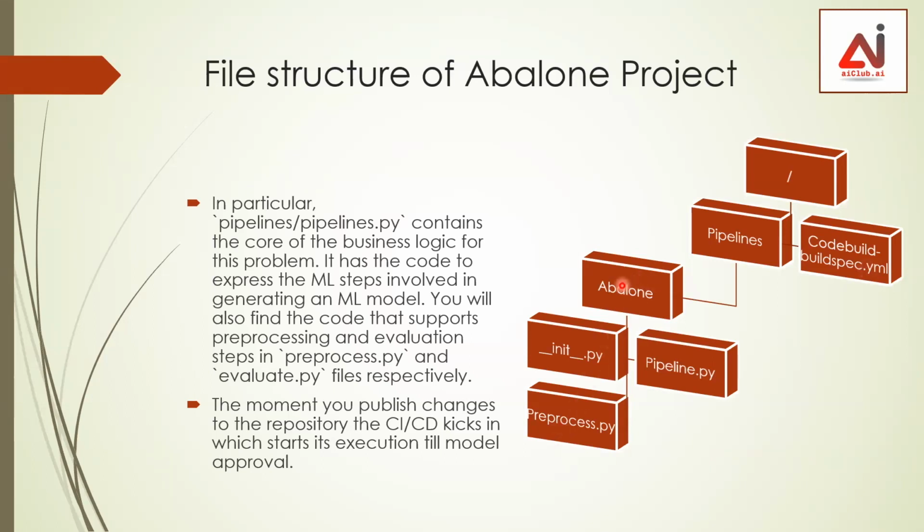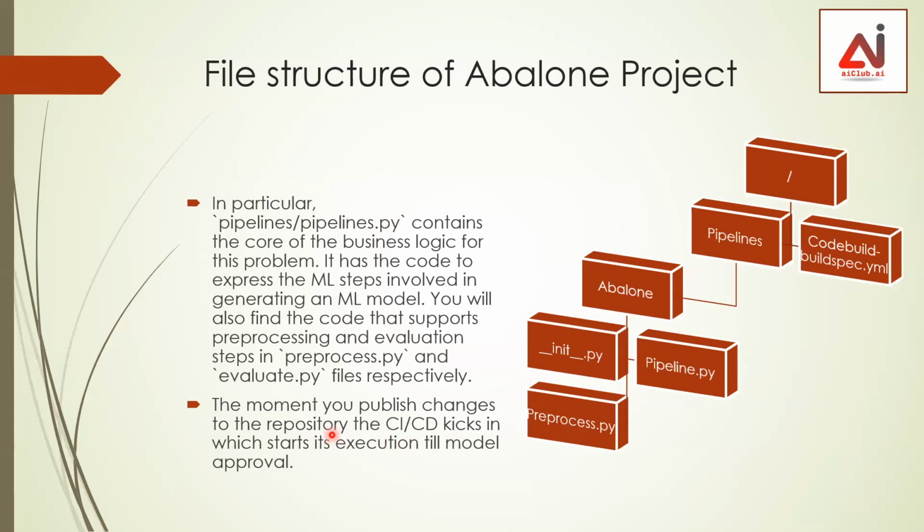Only the things that fall under the Abalone directory are what we might alter with changing business needs. Preprocessing.py carries the code for how the dataset is going to be pre-processed, either applying label encoding, one-hot encoding, or scaling methods like robust scaling.